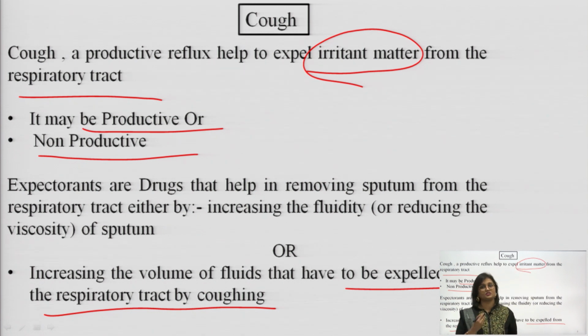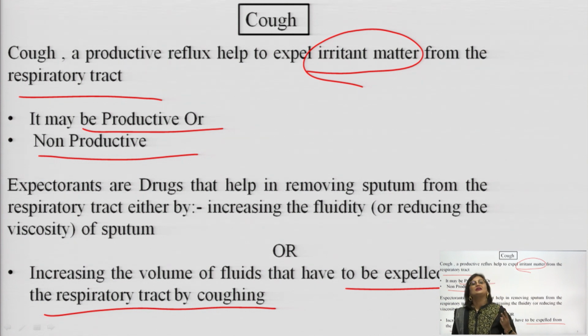Clear, all of you? How does it expel the sputum? On what mechanism does an expectorant work?